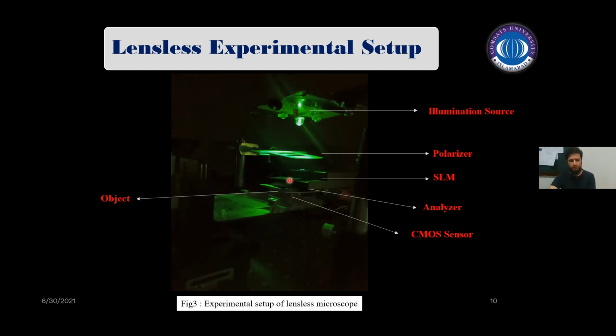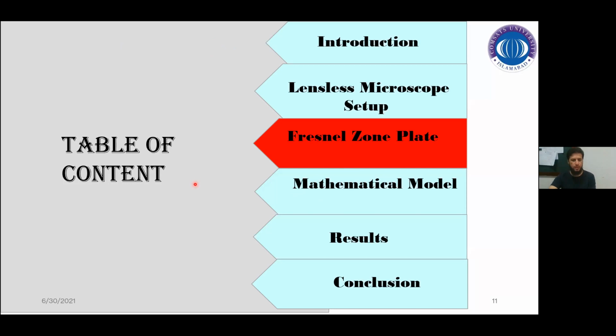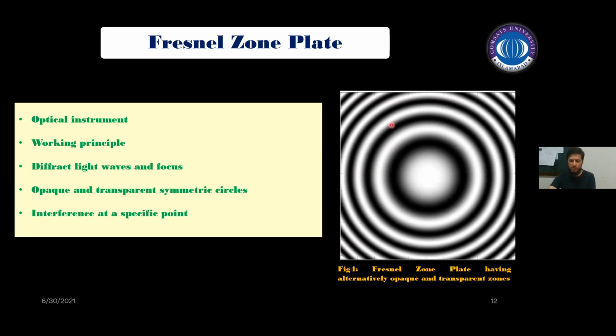Now let me discuss a little bit about the Fresnel zone plate. A Fresnel zone plate is an optical instrument that works on the principle of diffracted light waves, and it consists of opaque and transparent zones.